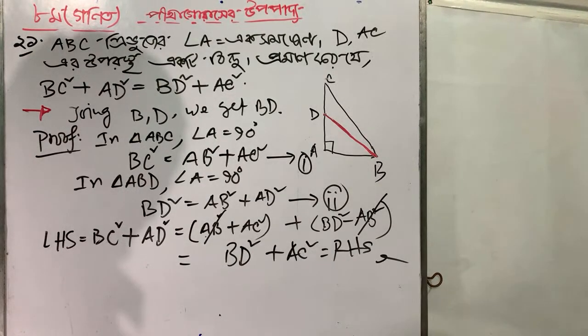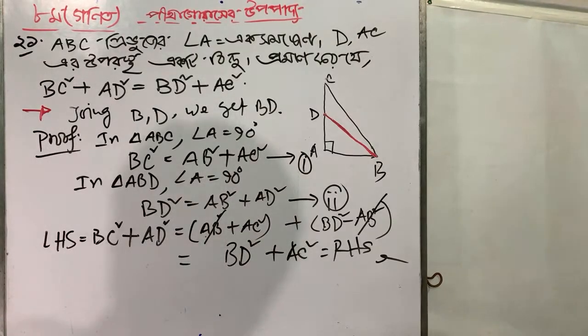This is 21 number question of your book. So I believe in the similar fashion you can do 22 number question, and probably also 23, because they all are quite same.